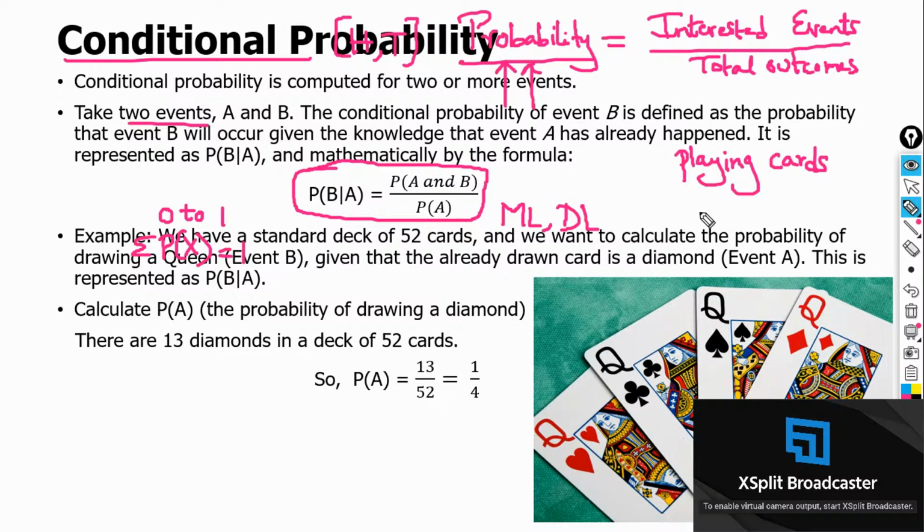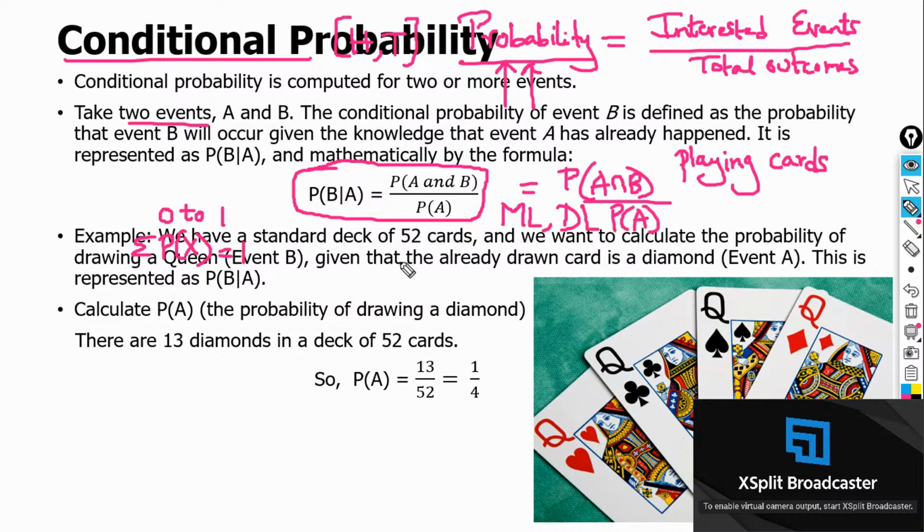The formula says probability of B given A. That means you're going to calculate the probability of B given that event A has already happened. This is nothing but P of A and B by P of A.